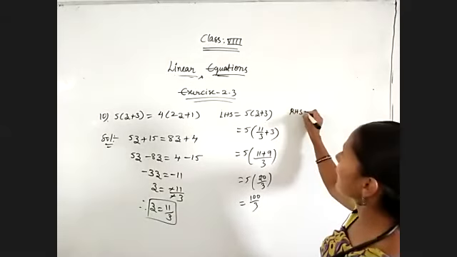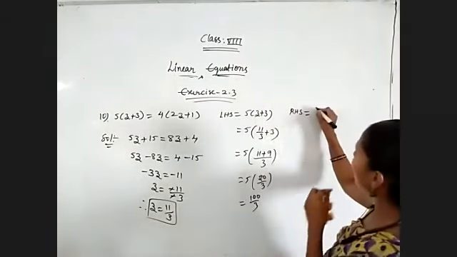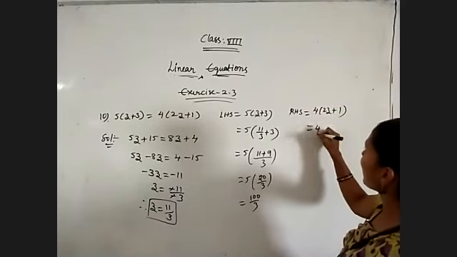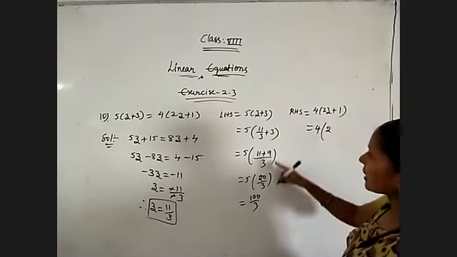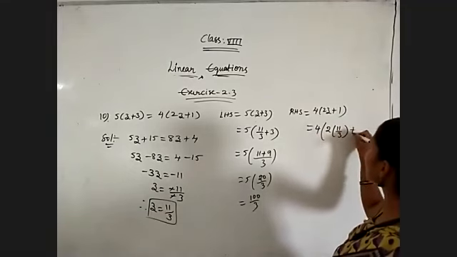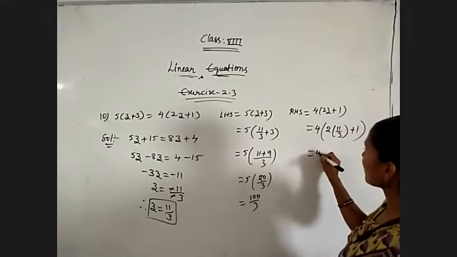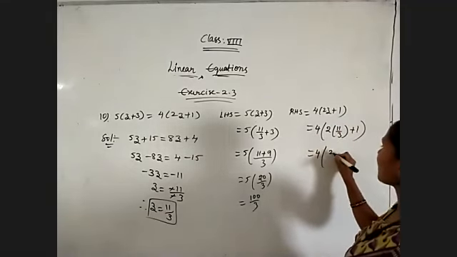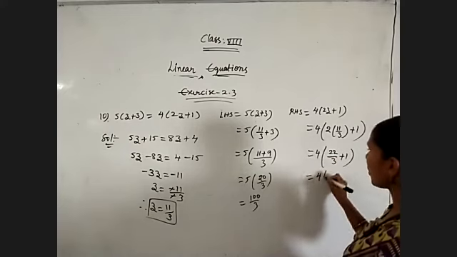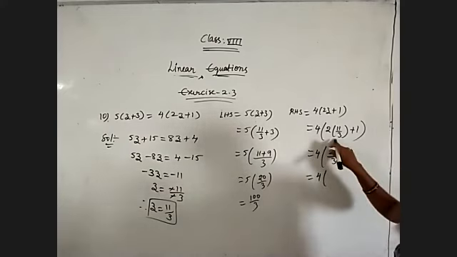What about RHS? 4 into 2z plus 1. So 4 into 2, z value how much did I get? 11 by 3, plus 1, is equal to 4 into 2 11s are 22 by 3 plus 1. Whenever a bracket is there, the into operation, that one only we need to simplify first.